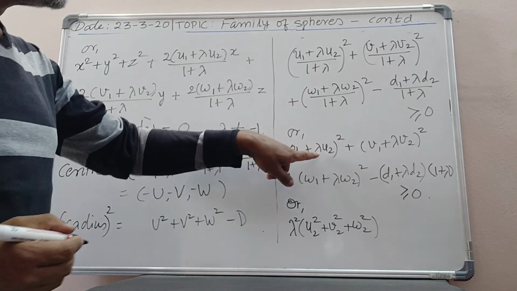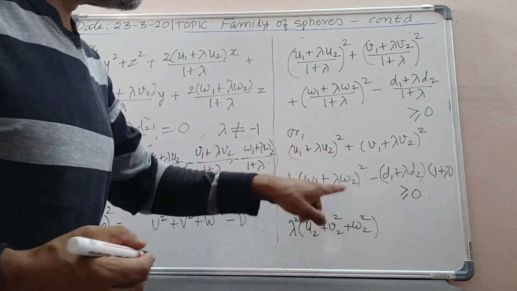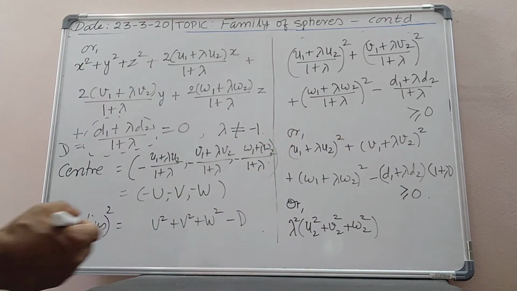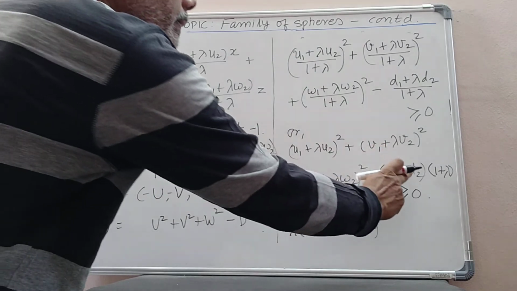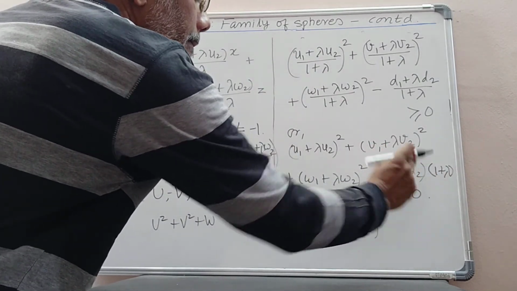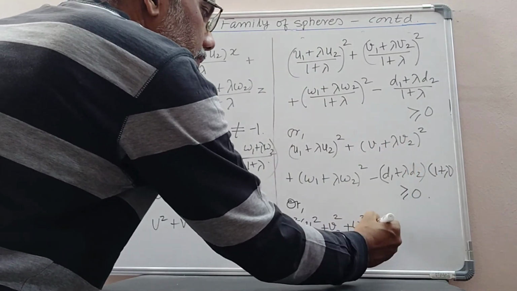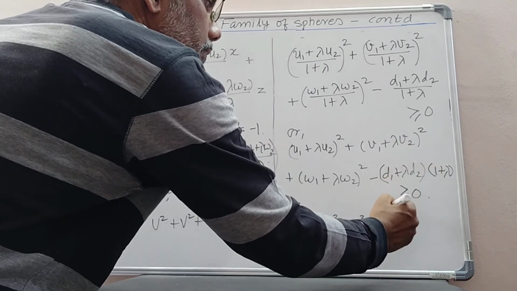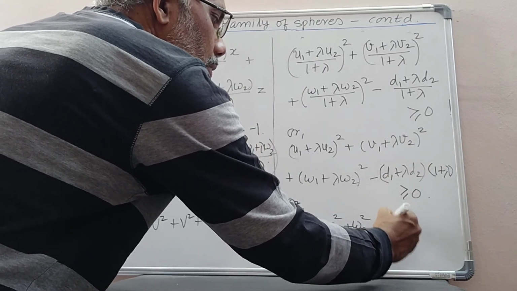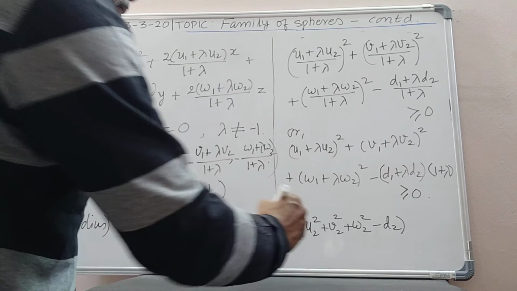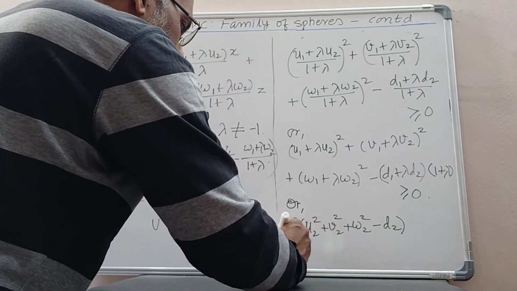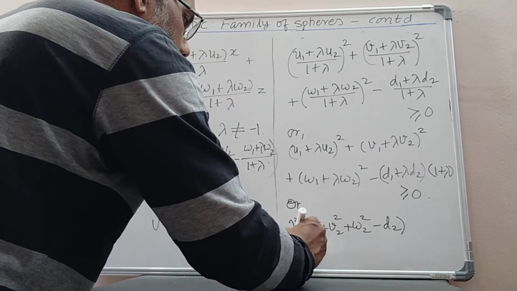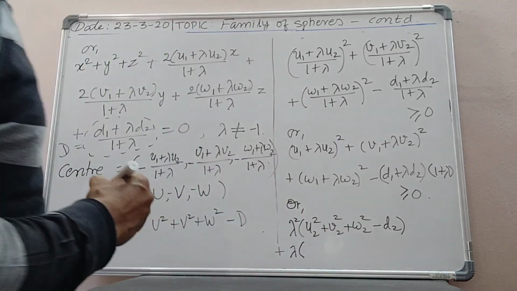So I'm looking at the terms coming from these terms, and minus d2, plus lambda times something.